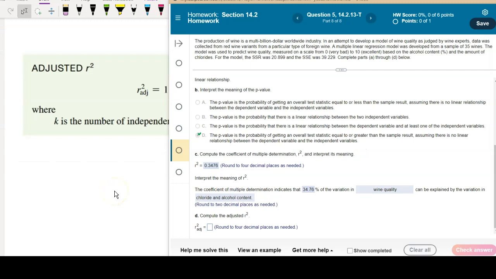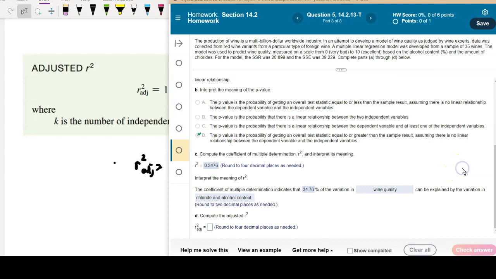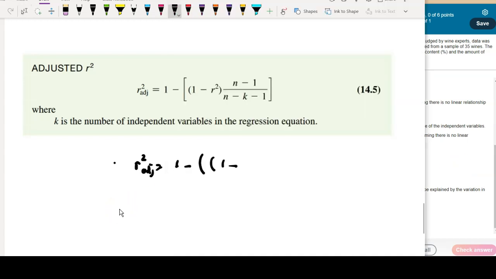Question D, we want to look for R squared adjusted, and here we can just apply the formula as it is. The R squared adjusted is 1 minus, parentheses, another parenthesis, 1 minus R squared, R squared being 0.3476, close the parentheses.